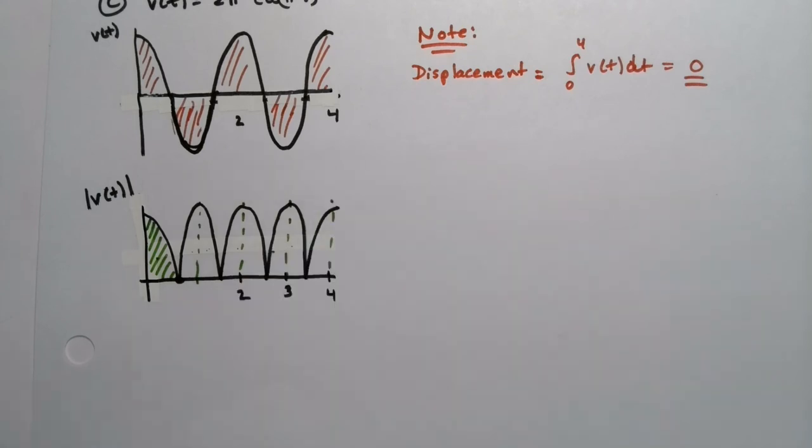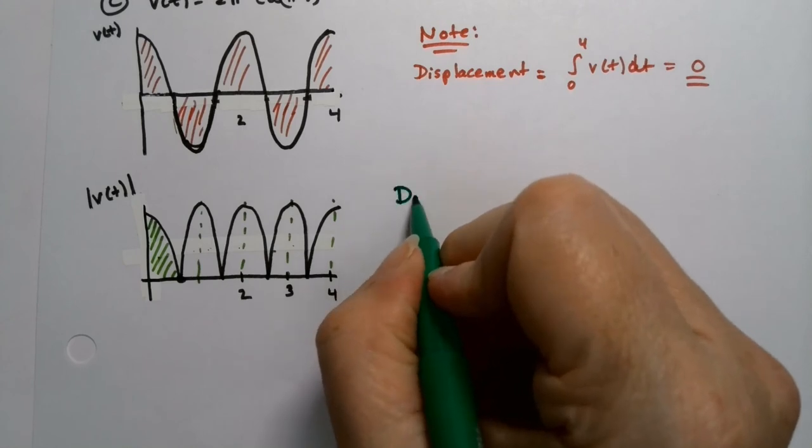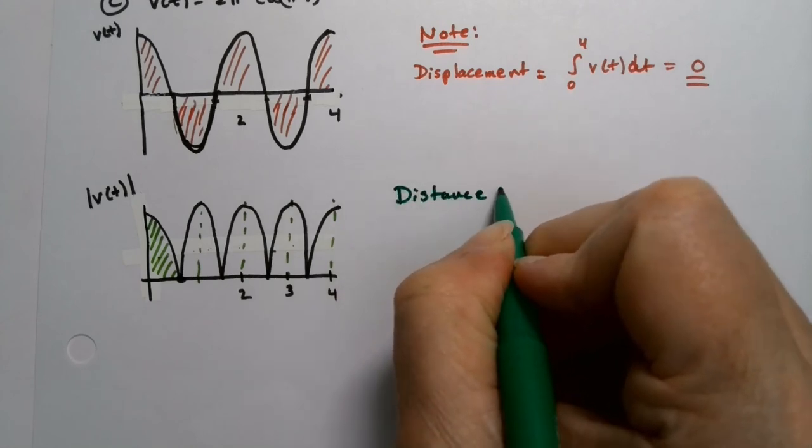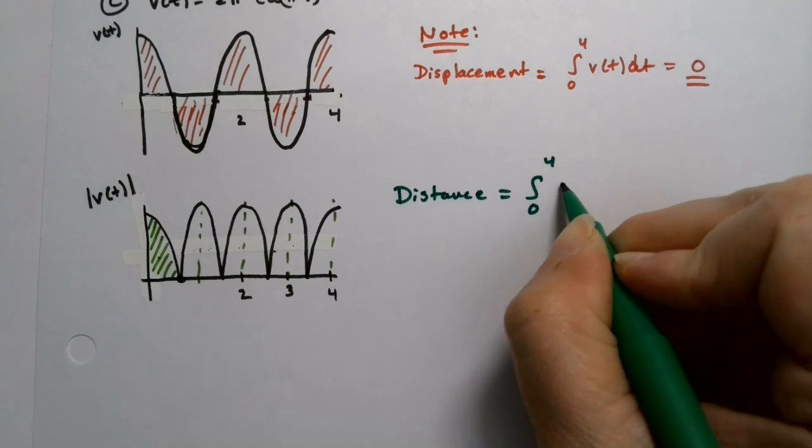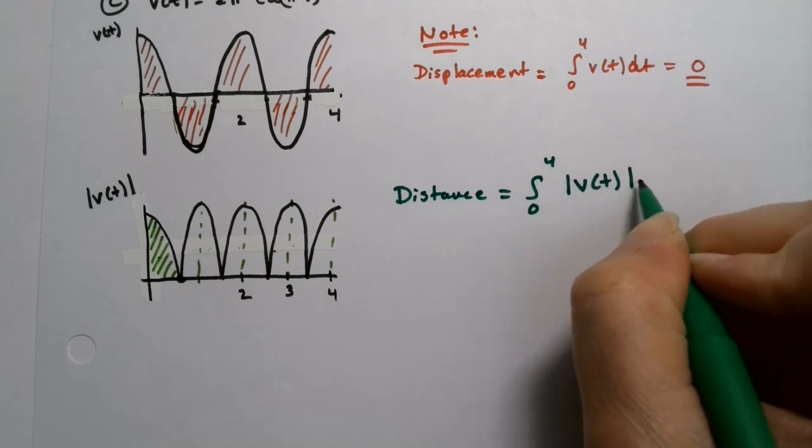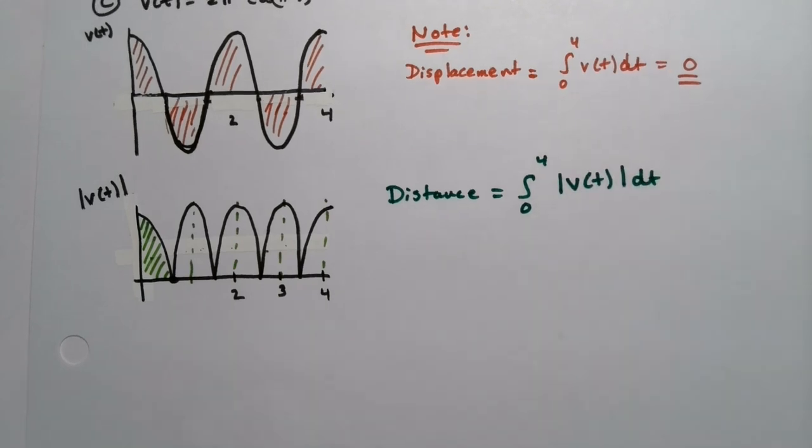So to find the distance, I'm going to be clever about this, which is the integral from 0 to 4 of the absolute value of the velocity. But I don't want to break it up into that many integrals.